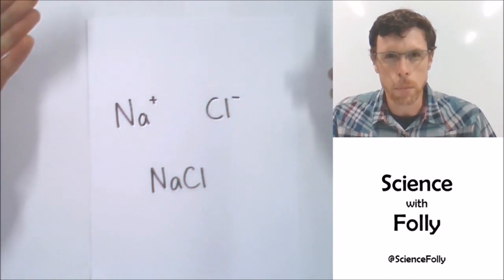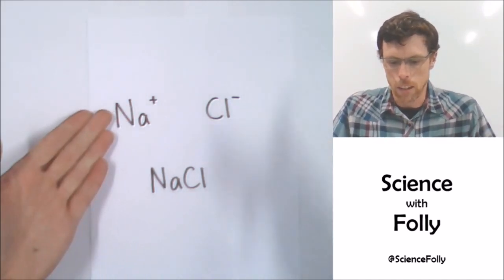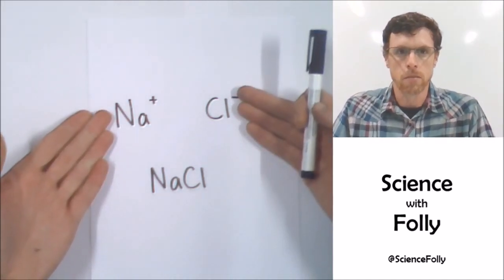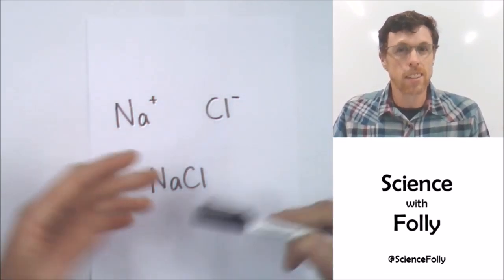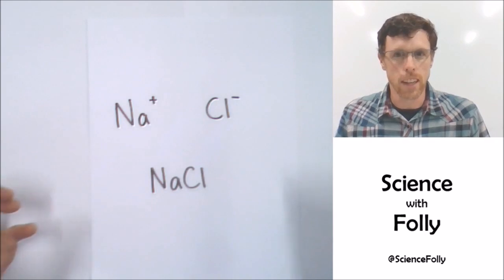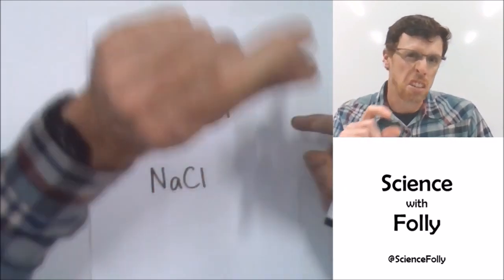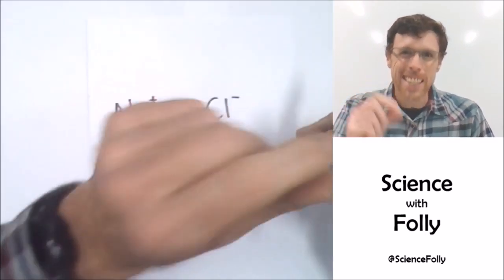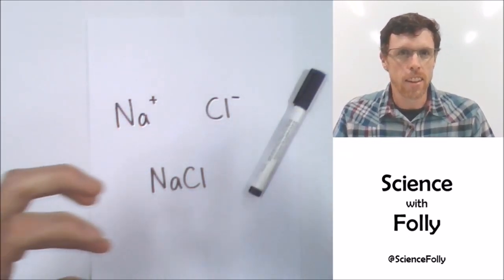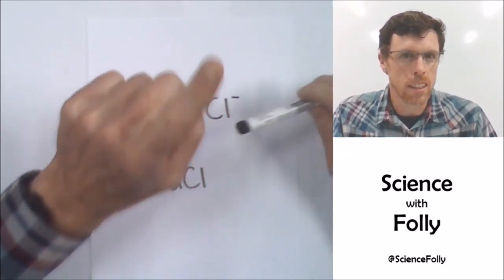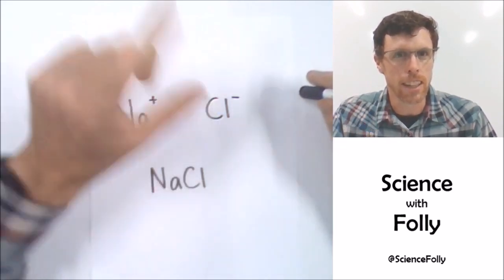Now, ionic compounds don't exist as just one ion attracted to one other ion, such as sodium and chloride. They actually exist as what we call a 3-dimensional lattice. And so when you have a little grain of salt, in there is millions and millions of sodium ions and chloride ions, and they're all held together in this thing that we call a 3-dimensional lattice.